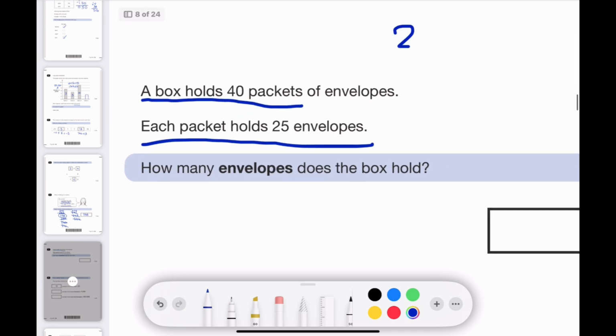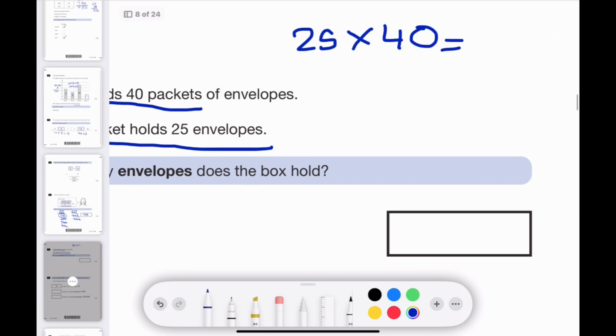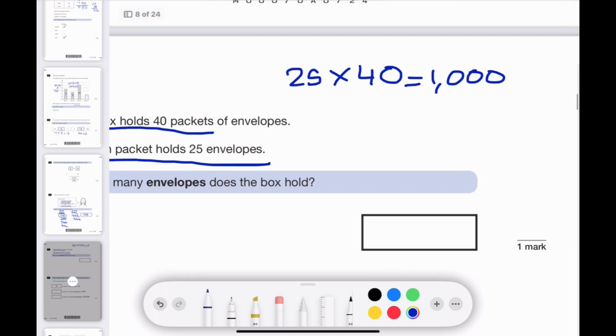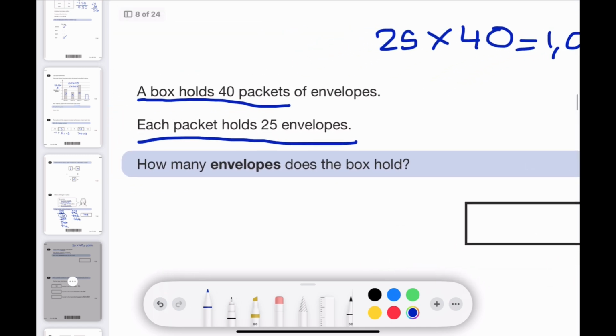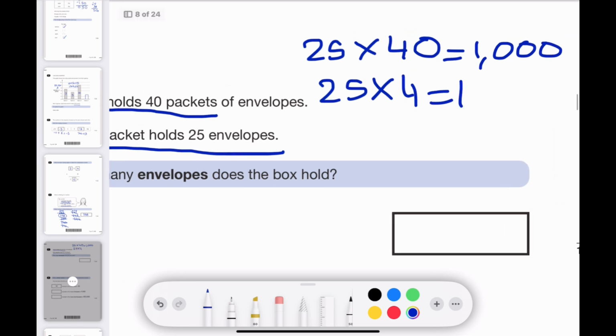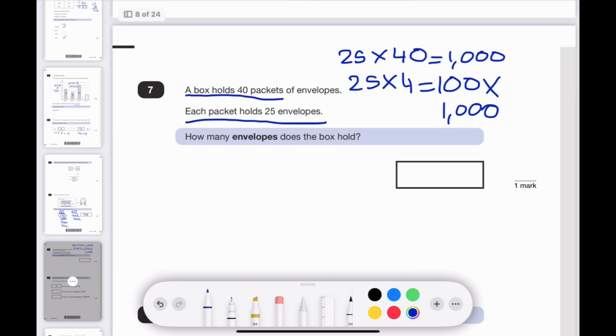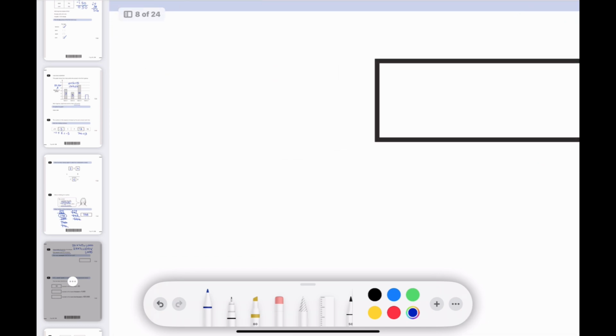So let's do 25 times 40, which equals 1,000. If that seems like too much for you, then you can do 25 times 4 first, which equals 100, and then times it by 10, which equals 1,000. So our answer to this question is 1,000.